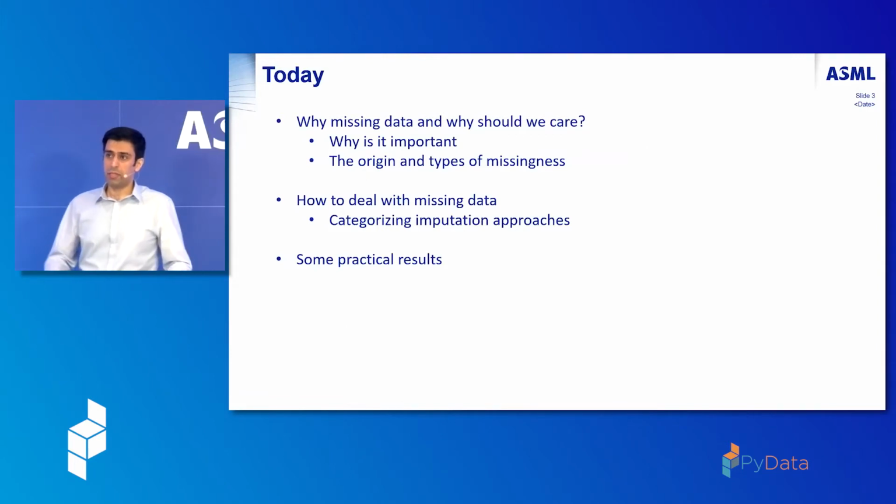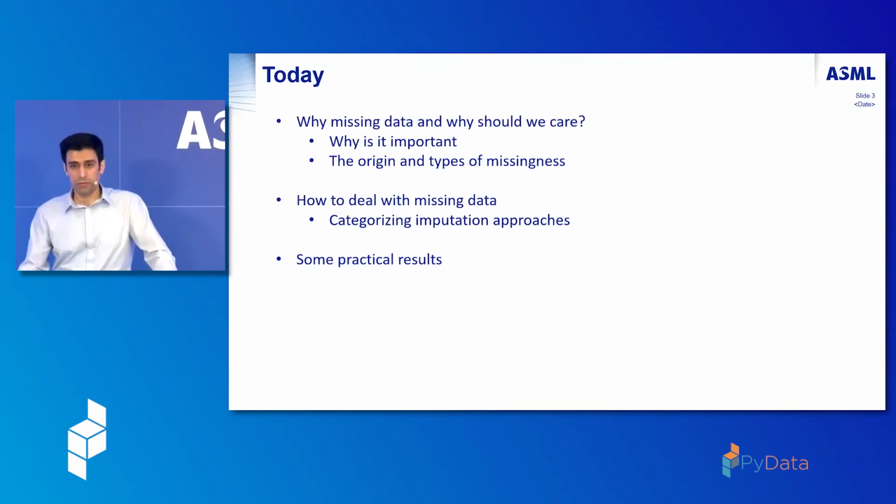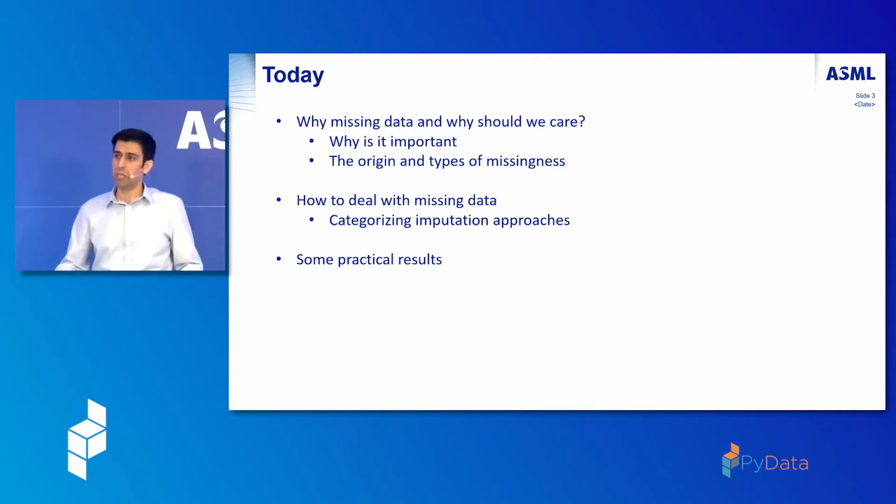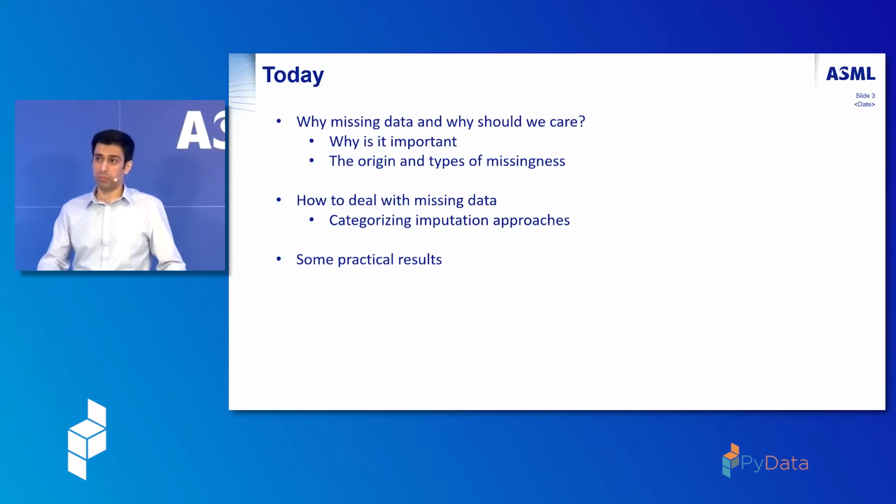In this presentation, the way I'm going to proceed is to first take one step back and talk about missing data more fundamentally: the reason that it happens and why it's important to be careful about it. But maybe the most important part is the type and origin of missingness, because the approach you take to deal with missing data really depends on the information you can collect by knowing these things about your data.